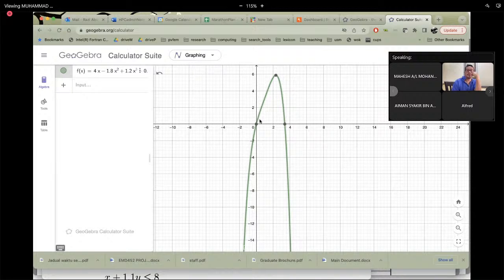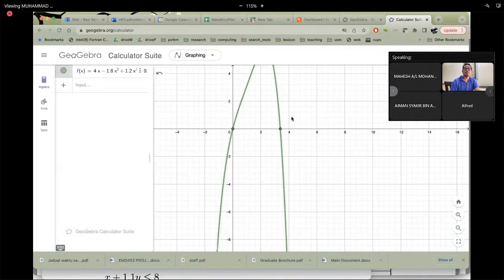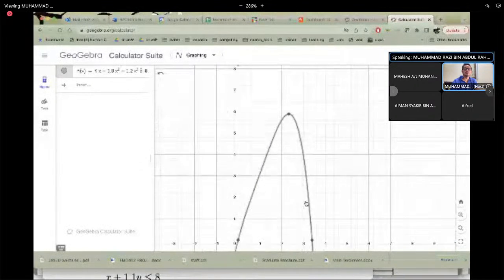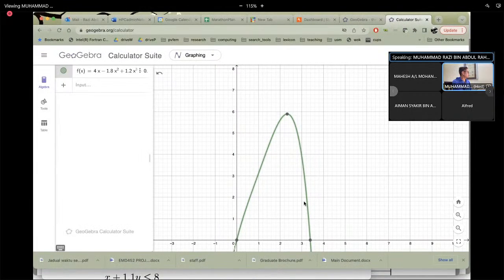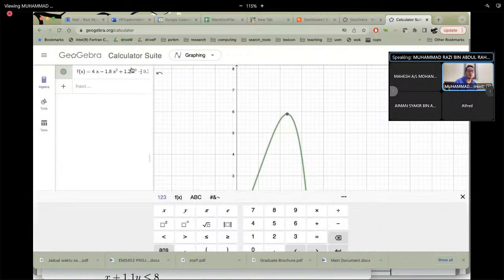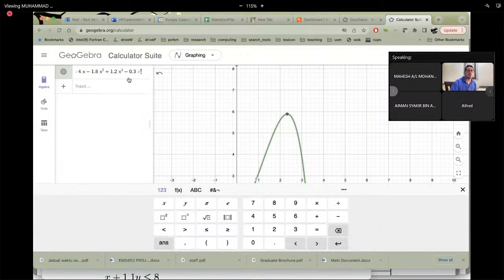I don't know if they have a tool to find the maximum point here, but first of all, did I get this plot right? 4x minus 1.8x squared plus 1.2x cubed minus 0.3x to the fourth.